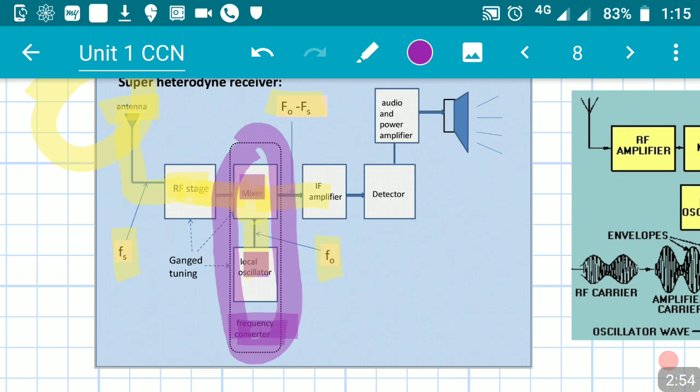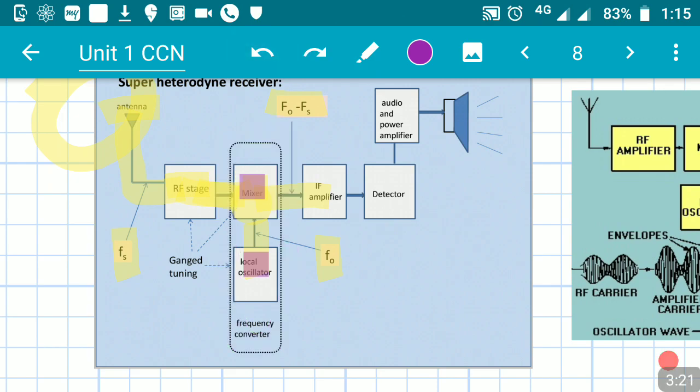They convert the frequency from one level to another level. You will come to know the effect of this frequency converter in the next diagram. Before that, please remember this: the mixer and local oscillator both put together are called frequency converters.